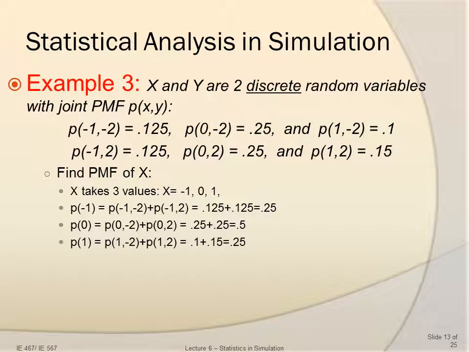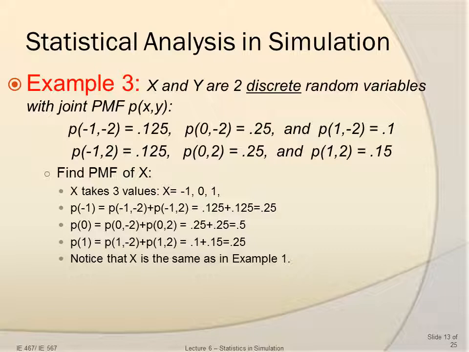And then last but not least, we need to find the probability that x equals 1. Again, we just sum the joint PMF values where x equals 1, and these are P(1, -2) and P(1, 2), and when we sum those up, we get 0.25.